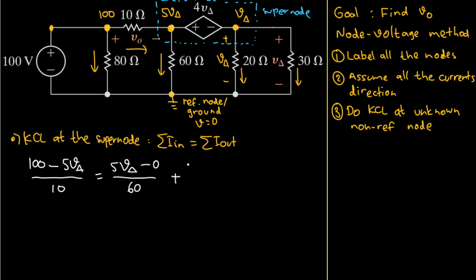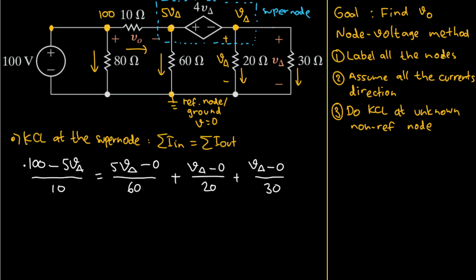So I will have V delta, and then the current goes to the reference node, so I will have minus 0. And again, we divide it by the resistance between them, which is 20. Okay. And then we will have V delta here, and again, it comes from V delta and it goes to the reference node, so I will have minus 0. Because this is voltage, we need to divide by the resistance between them, which is 30.